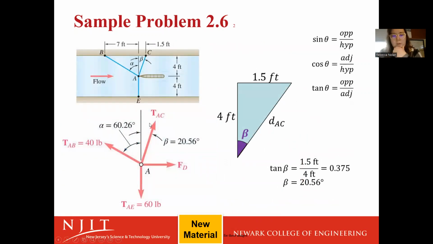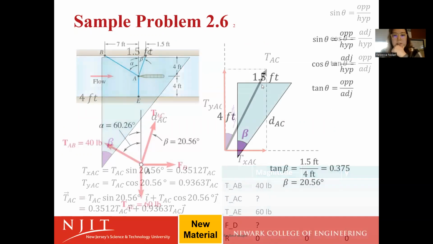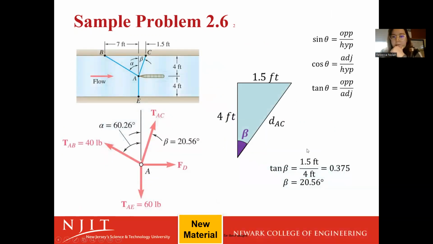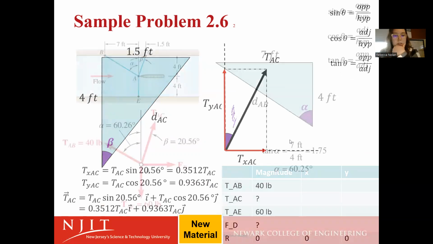So our first one, TAC, I got angle beta, and then we can use our trig. It's a little skewed, but we can use our trig to find the x and y values of these.